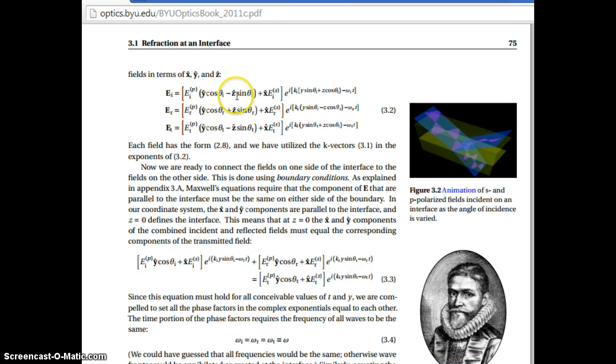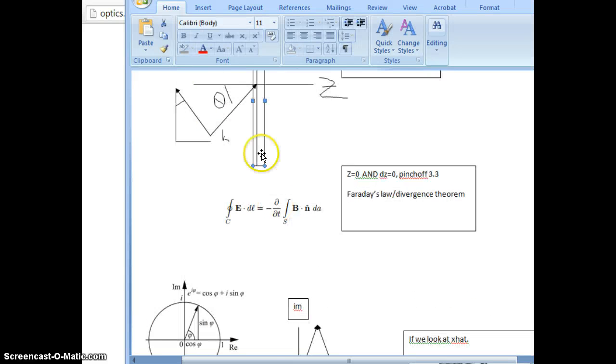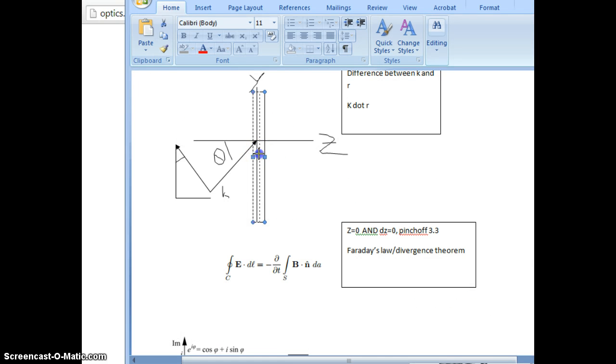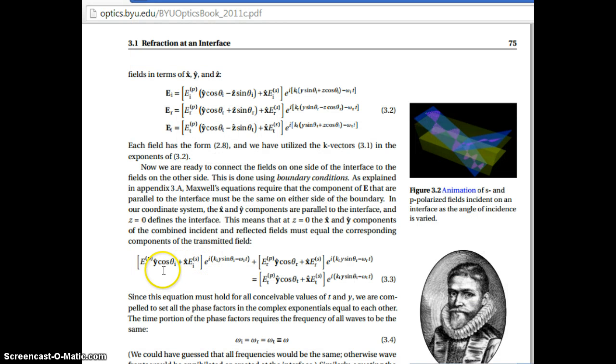But if we pinch it off right here at z equals 0, we can literally get rid of all of that z out of the calculation, so that all we're dealing with now is y cosine theta. We don't have to worry about the z sine function at all, because we've pinched it down using the divergence theorem and Faraday's law.